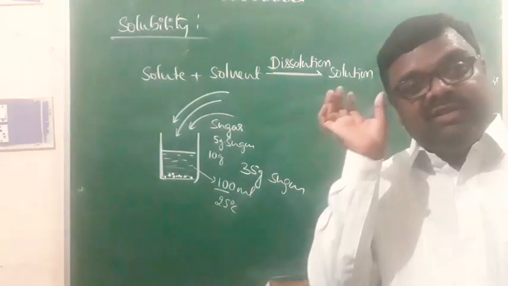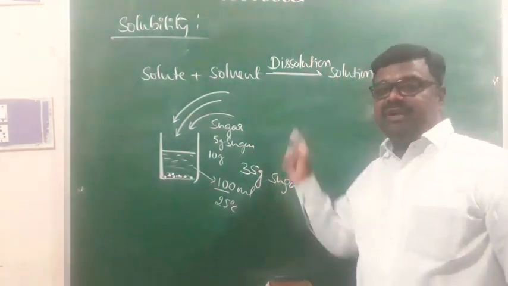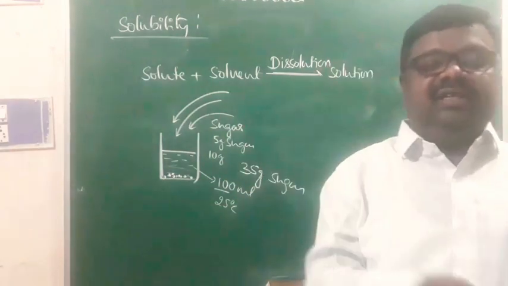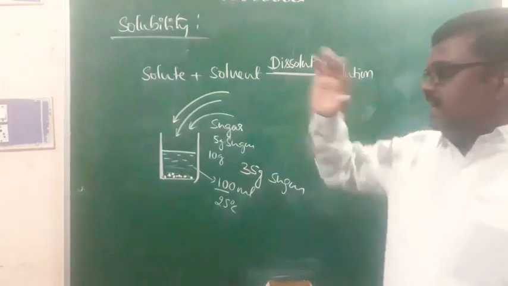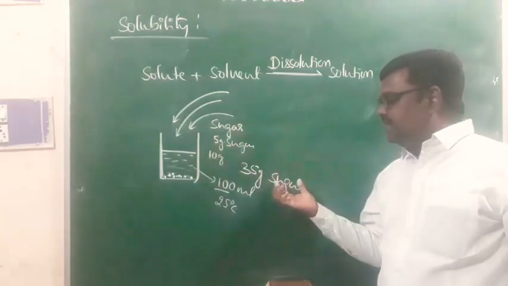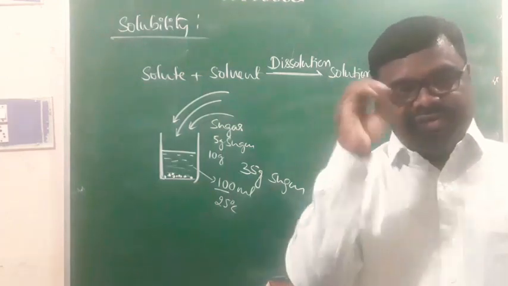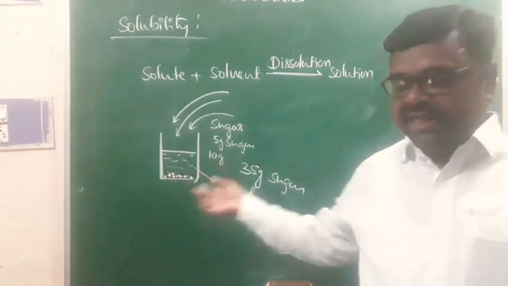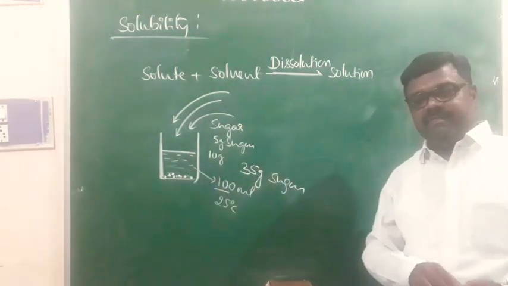It means a maximum of 35 grams of sugar can be dissolved in 100 ml of water at 25 degrees Celsius. Therefore, the solubility of sugar in this example is 35 grams per 100 ml at 25 degrees Celsius.